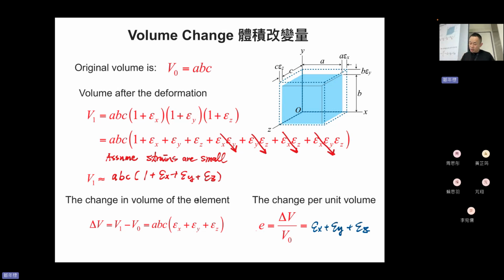After we multiply the terms together, we assume the strains are small, so neglecting the higher-order terms, you can get V1 approximately abc times (1 plus epsilon x plus epsilon y plus epsilon z). So you see this one is the original, and the summation of epsilon x, epsilon y, epsilon z is the increment ratio. So the change per unit volume is epsilon x plus epsilon y plus epsilon z.